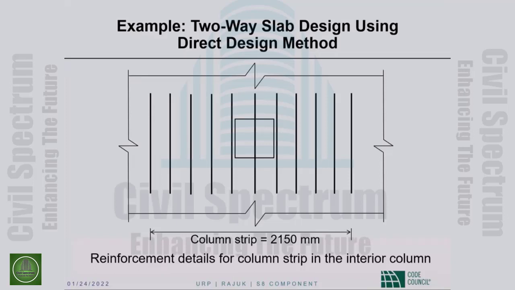Now this column strip moment is a percentage of the slab moment depending upon which slab section. The column strip moment may be 75% of the whole design strip moment. It can be 100% or I guess another number. So anyhow, when we are talking about 85% of the moment being carried by the beam, it is 85% of the column strip moment, not 85% of the design strip moment.